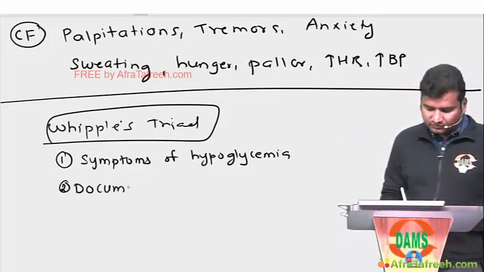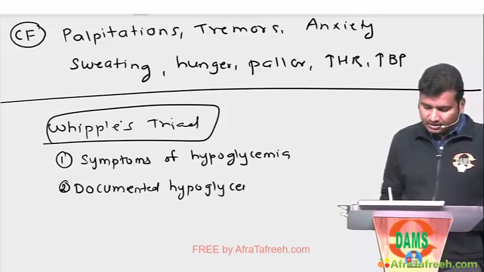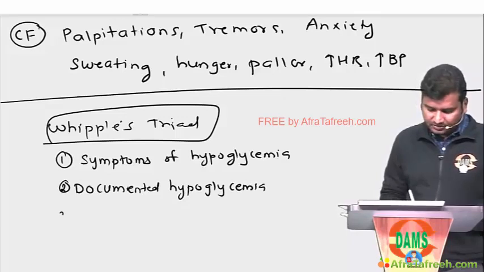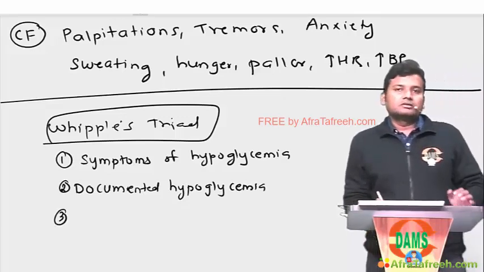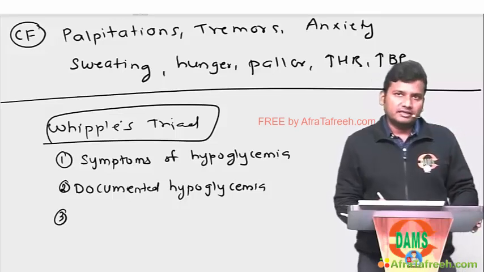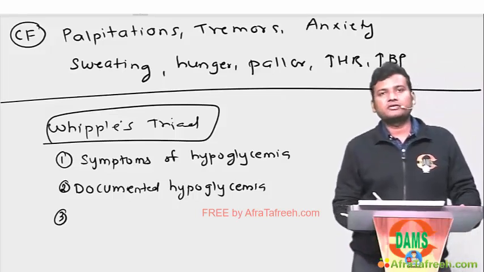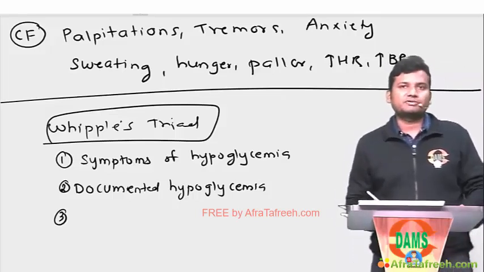During symptoms, if you check the sugar level and it is low, then you will say the patient is having documented hypoglycemia. Third point: now you will give glucose orally or intravenously, intravenous dextrose, and after giving glucose, if the patient becomes normal, it is Whipple's triad.